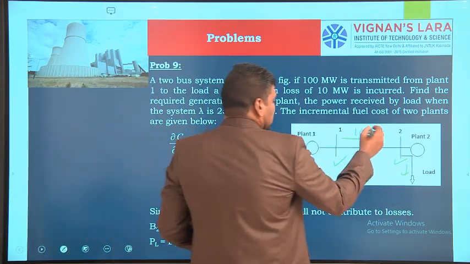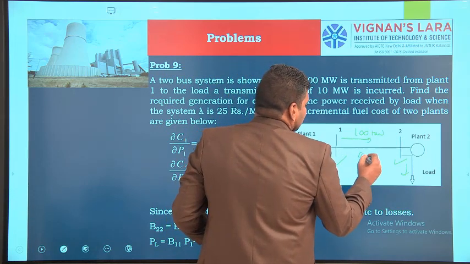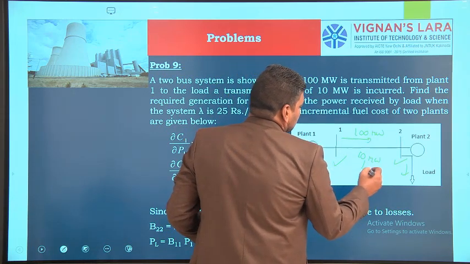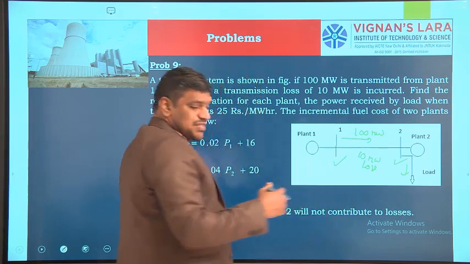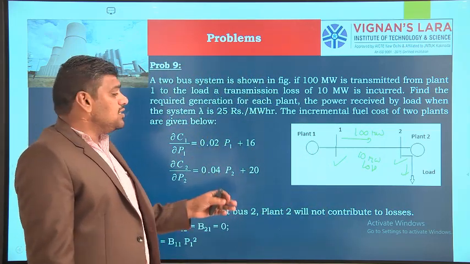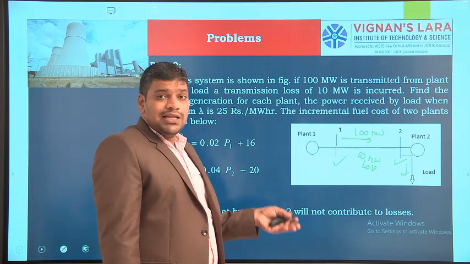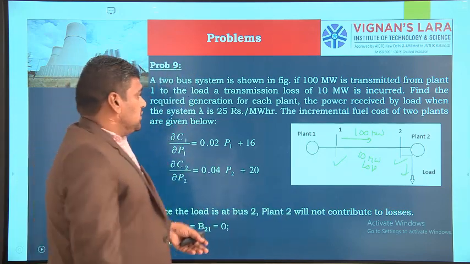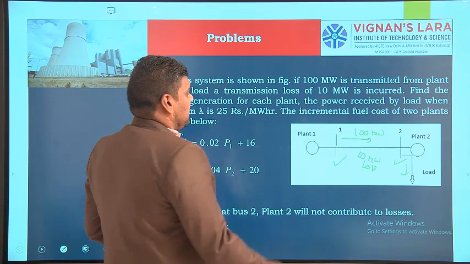So when 100 megawatts of power is transferred from bus 1 to the load, a loss of 10 megawatts is incurred. This is the specific case, and that is what you want to express here.